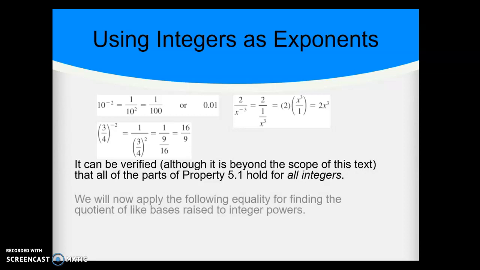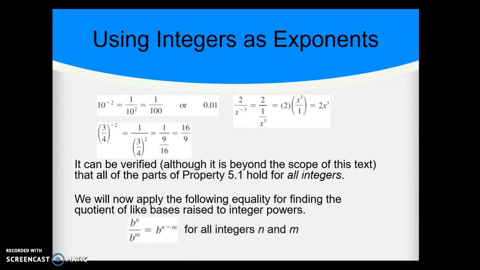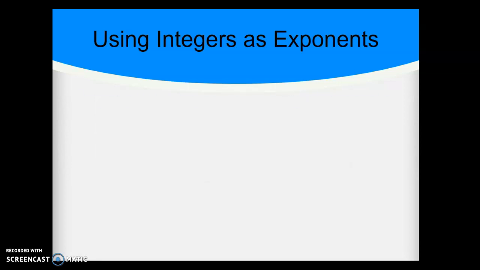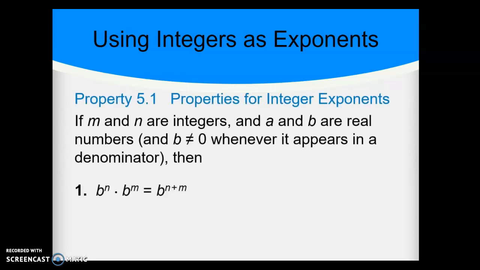So if we recap all of the different properties of exponents that we now have, I've got them all summarized here on the next slide. We've got this one that says when you divide like bases, you subtract their exponents. We're going to continue to use that. We have the new one that says anything to the 0 power is 1, and anything to a negative power is the reciprocal of that base to a positive power. But then we also have this rule that reminds us that when you multiply like bases, you add their exponents.